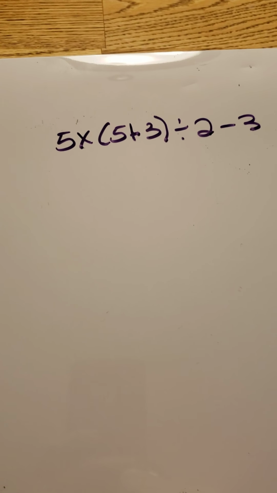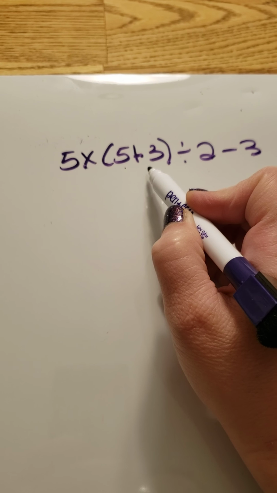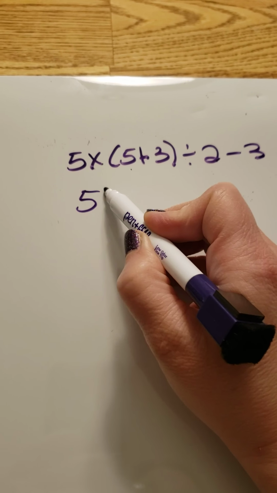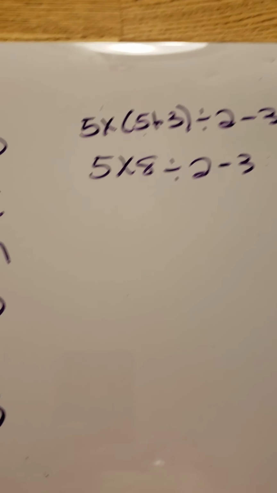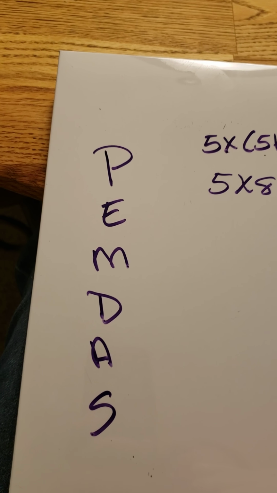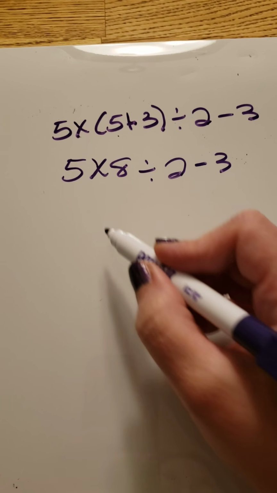Okay, so the one we have to do first, P, parentheses. Do we have parentheses? Yes. Okay, so when we're doing parentheses, we're going to do 5 plus 3 first. So 5 plus 3 is 8, so I'll make my new row. Perfect. Okay, exponents. We do not have any exponents, so M for multiplication.